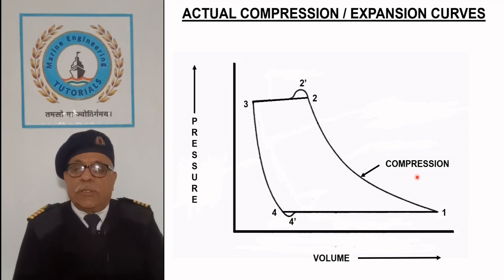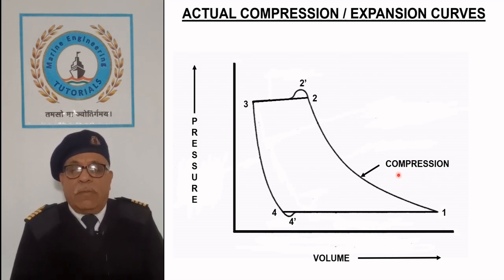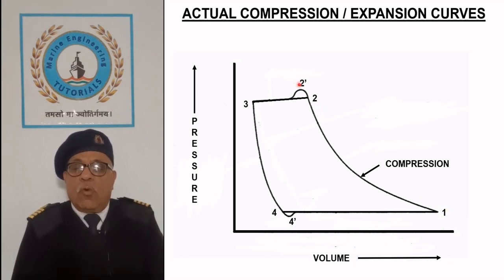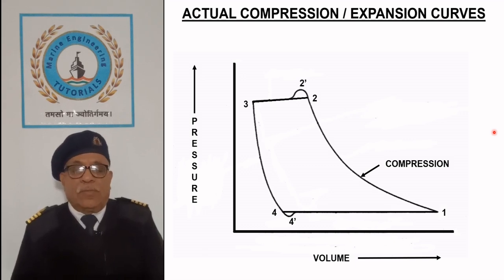Theoretical compression is represented by the curve 1 2, whereas 2 2' is further compression to overcome the force of delivery valve spring, thus extending the compression curve to 1 2'.